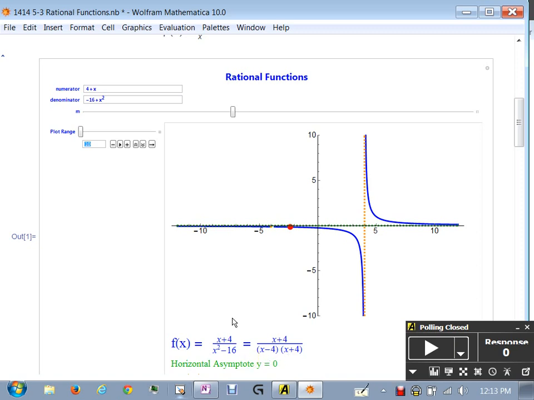So let's take a look at that. The bottom is 0 at 4 and negative 4. So you would think we should have two verticals, but we only have one at 4. At negative 4, well, that's a common factor with the top. So we should have a what there? A hole. So at negative 4, we have a hole. Do you see the hole in the graph?